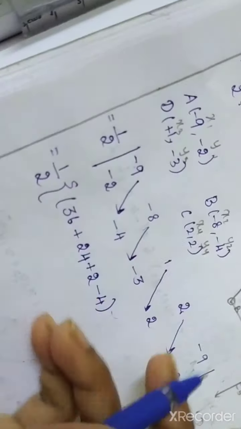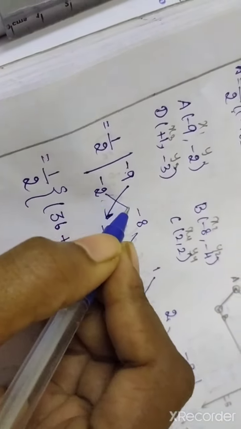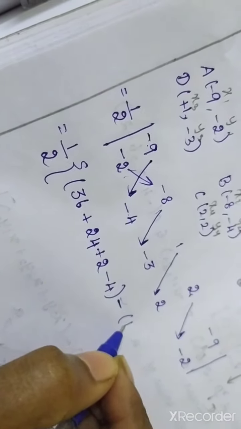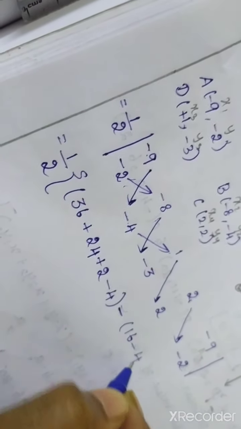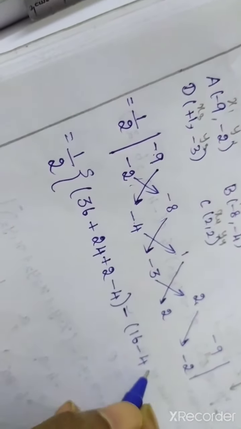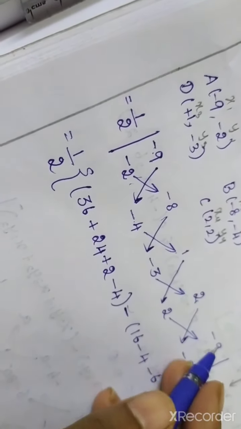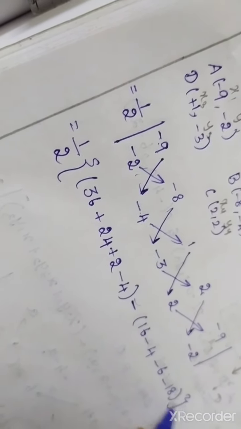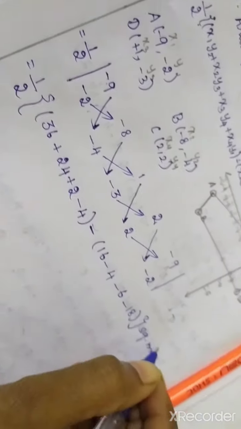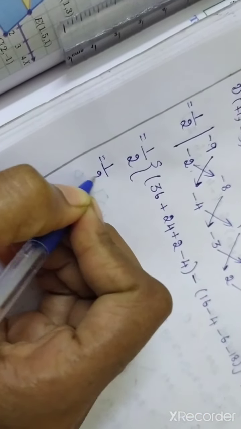Then subtraction of this term: this into minus plus 16, minus into plus minus 4, minus into plus minus 6, minus into plus 18 square units. You will write your formula, otherwise they won't give the mark. Okay, 1 by 2.